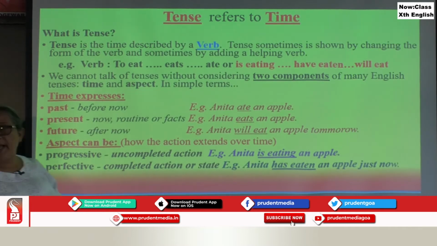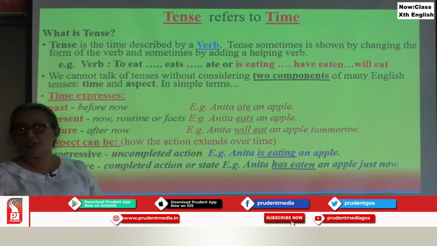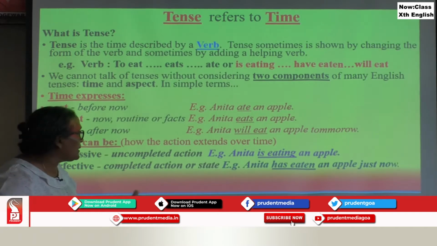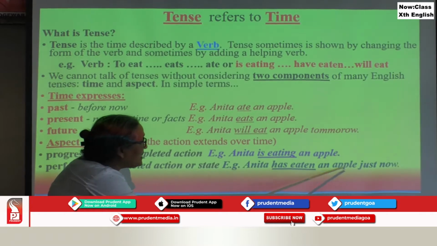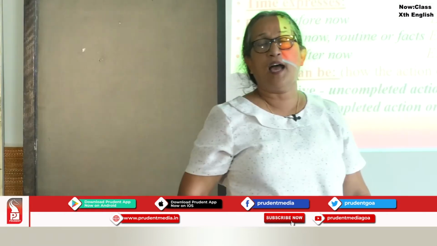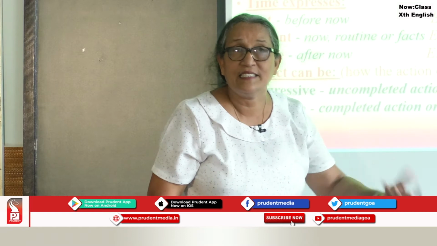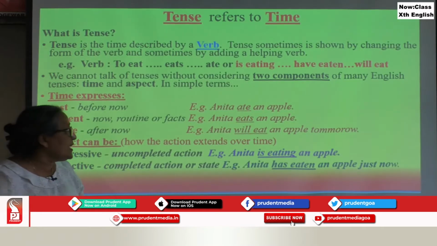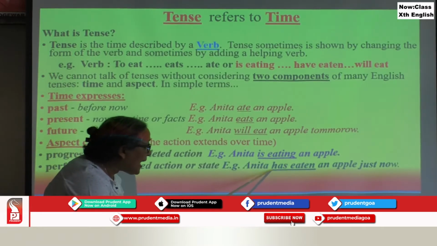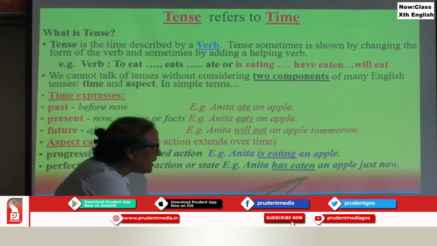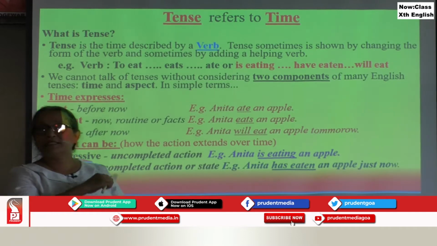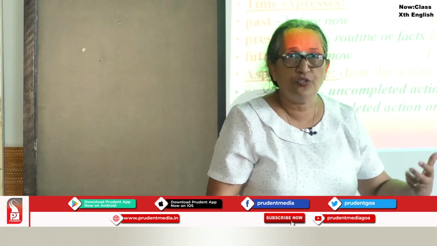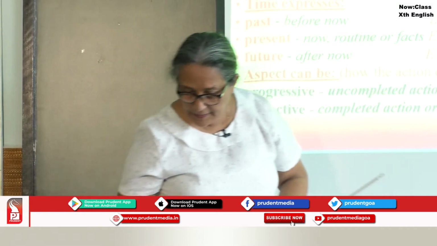Look, perfective action is a completed action. By completed action, I mean Anita has eaten an apple just now. So by has eaten, I mean I am taking a helping verb, has, plus a main verb. So these are the two aspects we will understand when we are conjugating tenses.